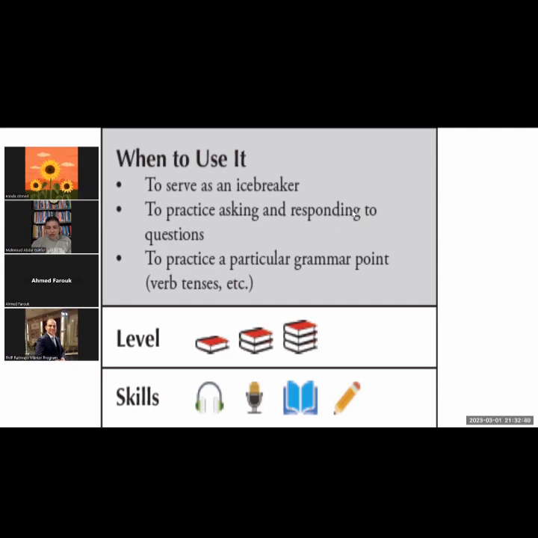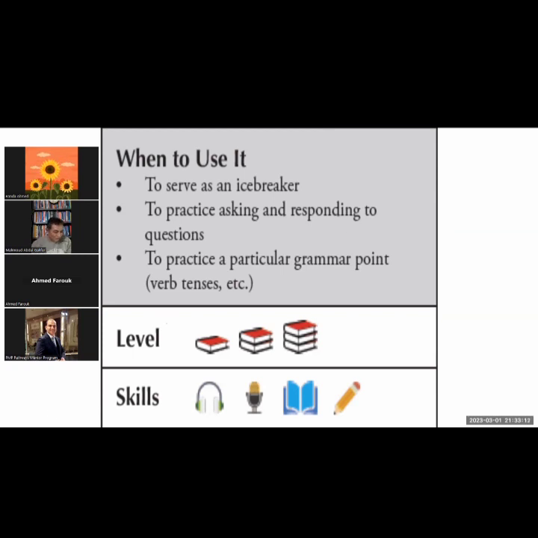Students listen to your instructions, read what you have written on the board, stand up, and all of them keep asking each other the same questions. So they are speaking and writing at the same time. It covers all 4 skills. This is a very good activity.